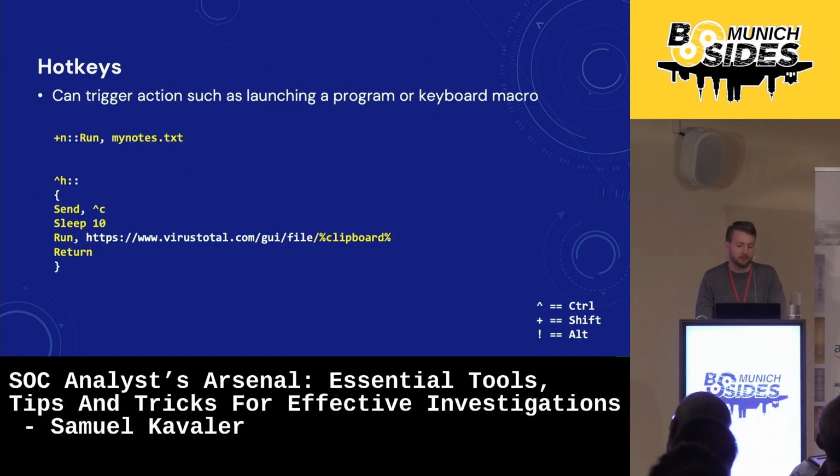The plus is actually a shift, and by pressing Shift-N, I open my notes. The second one is a kind of keyboard macro, which is triggered by Ctrl-H, and it will take a hash that I copied in my clipboard, and it will open it in VirusTotal.